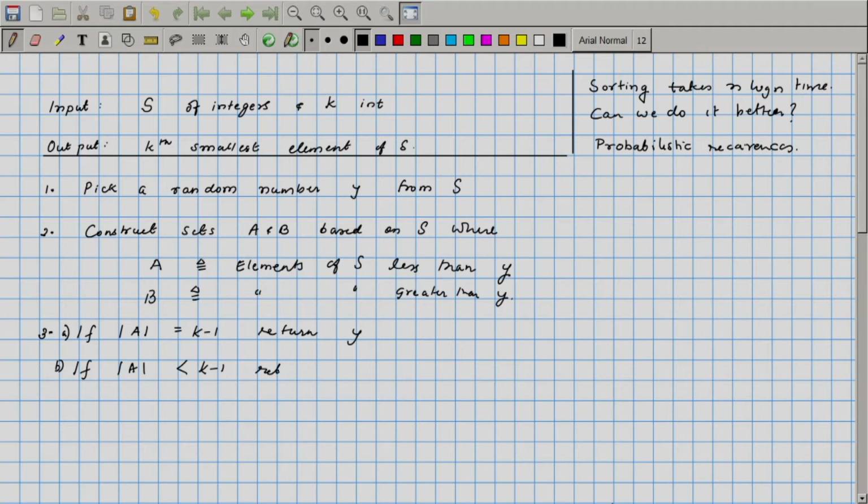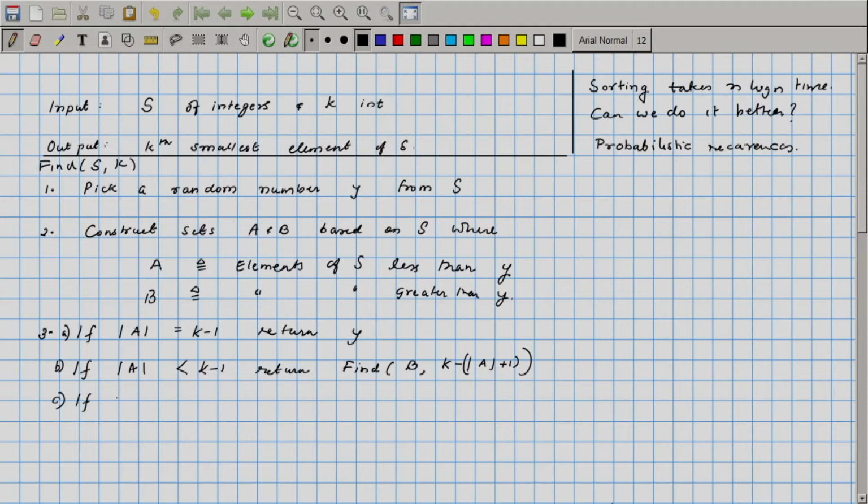So, we will return find B, k minus size of A minus 1. Already we have identified |A| elements which are less than the kth smallest element, and the element y chosen is also not the kth smallest. So, all those elements are gone. So, we will return from B.